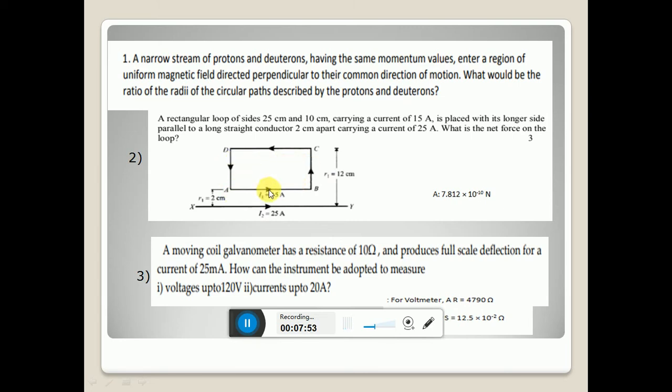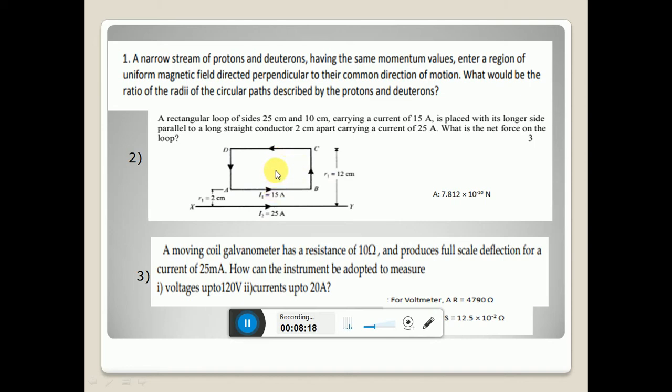Here you will get mu naught I1 I2, that is mu naught into 15 into 25 by 2 pi into 2 centimeters, and another F is equal to mu naught into 25 into 15 into the length 25 centimeters, by 2 pi into 12 centimeters.